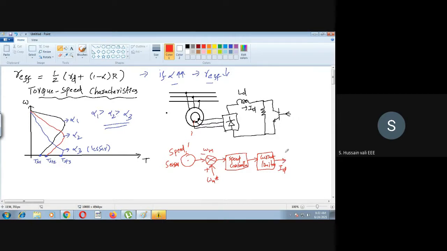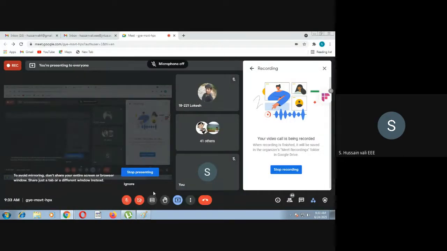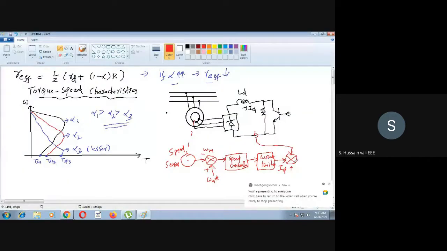Now this Id, you will compare with the actual current. Where do you sense the Id? You can sense the Id from here, because Id is here.